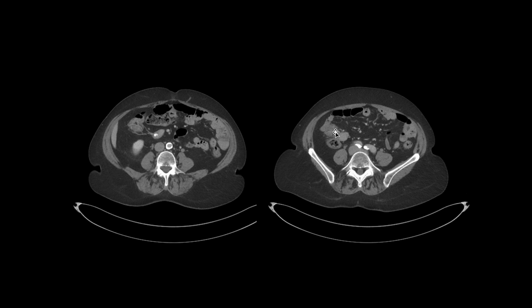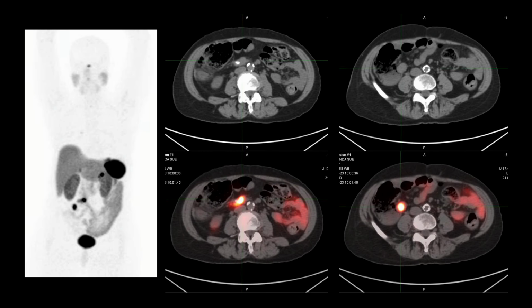Also, we found an ill-defined enhancing focus at the terminal ileum, and so a gallium-68 DOTATATE PET CT was recommended to diagnose and stage a neuroendocrine tumor. And we know that neuroendocrine tumors are very common to arise from the terminal ileum, and they commonly present with a mesenteric lymph node which shows calcifications and desmoplastic reaction.